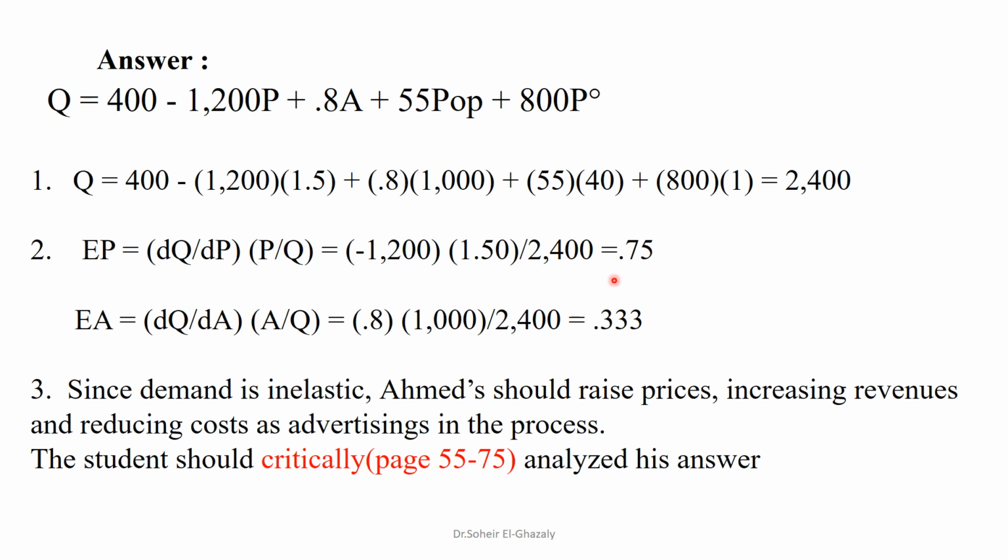Let's just move to the next requirement. Remember the next requirement, what was it? It was, what is the elasticity of price? This is the law that we learned before. The first derivative of Q with respect of P times P over Q. Let's make the first derivative of Q with respect of P. There's a P here, but there's a sign.